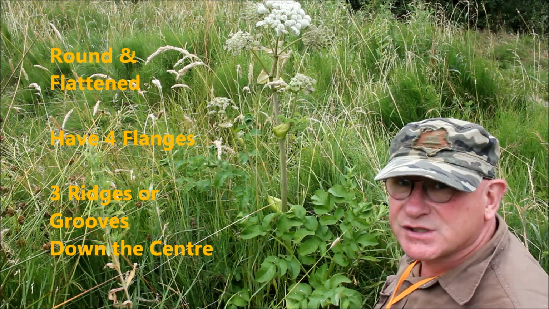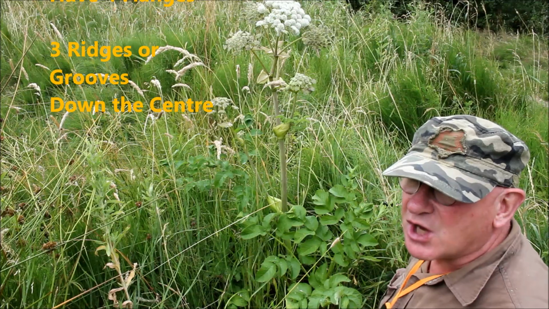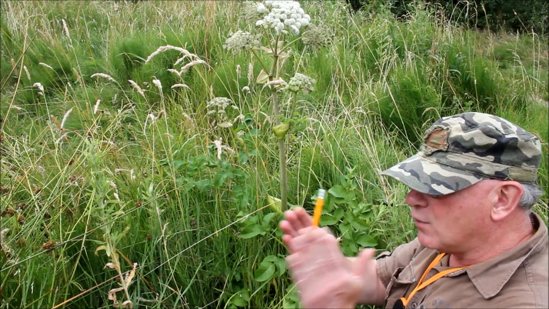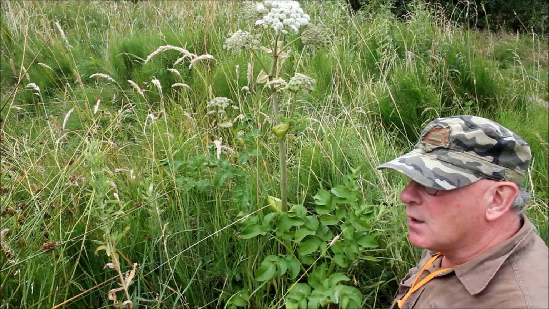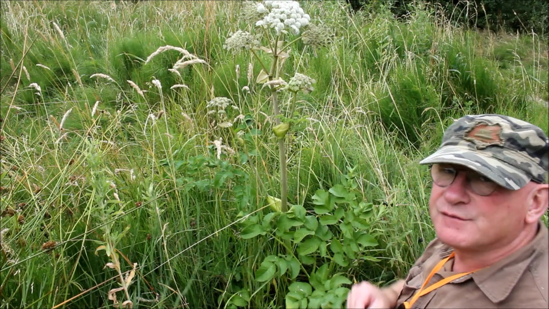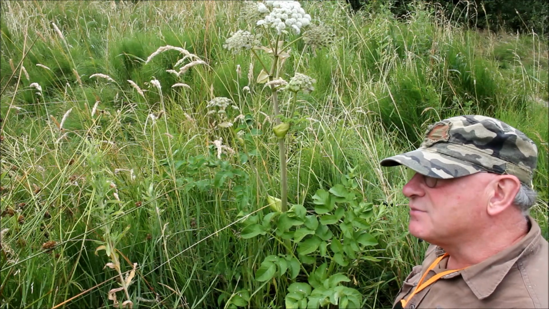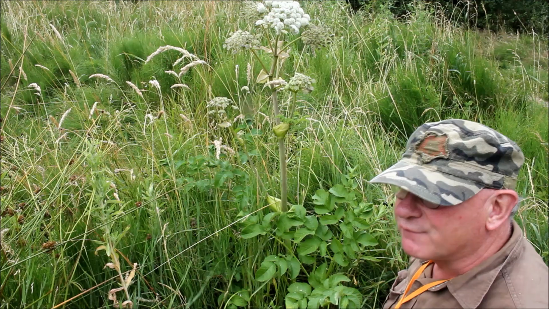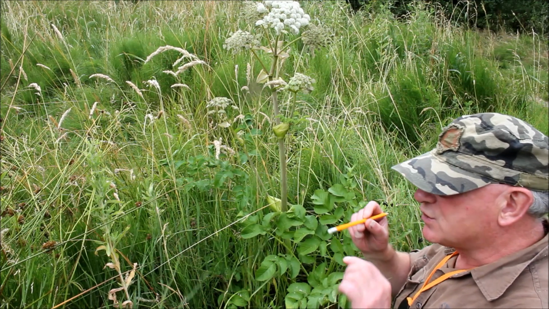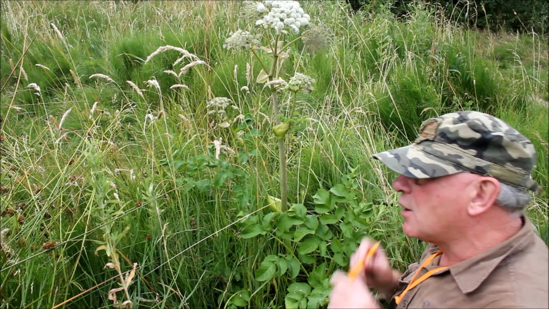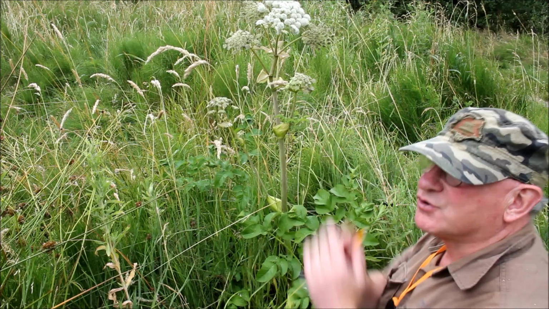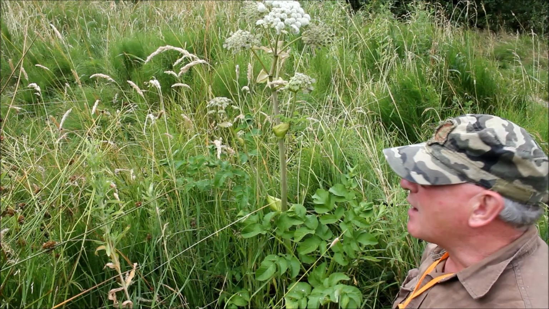And the fruits of Wild Angelica tend to be flattened, have 4 ridged flanges, and have 3 grooves down the centre, which in terms of sculpture and structure makes them fairly unique as compared to, for example, the dropworts, which are a much more globular fruit with ridges and 2 horn structures derived from the stigma remnants.